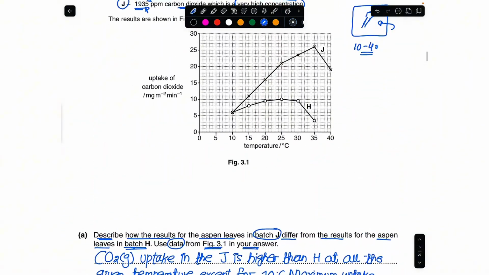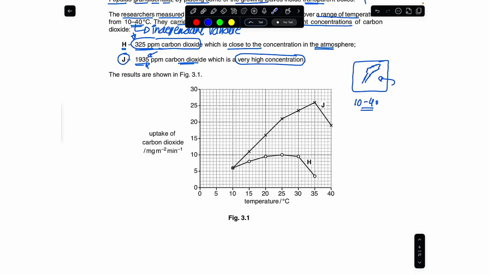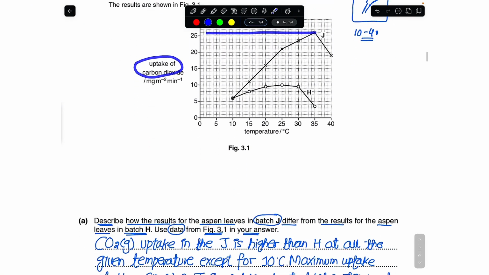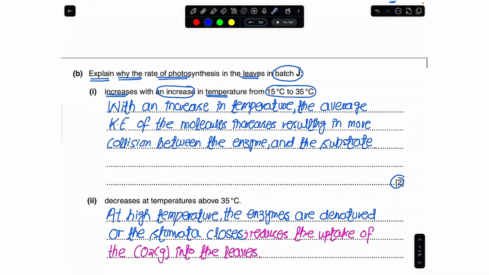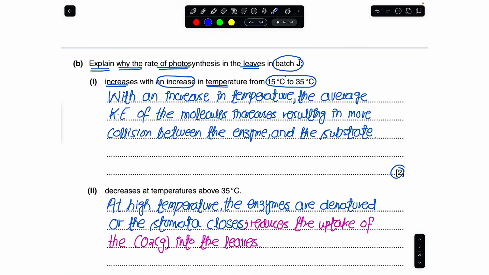So if I take you back to the graph, for J, when the temperature is increased from 15 to 35 degrees centigrade, they are asking for the explanation of why the uptake of carbon dioxide, or the rate of photosynthesis, is increasing. So there are two approaches. When the temperature is increased, the kinetic energy of the reactants and the enzymes would increase, and there would be more collisions between the enzyme and the substrate, and ultimately the rate of photosynthesis would increase.